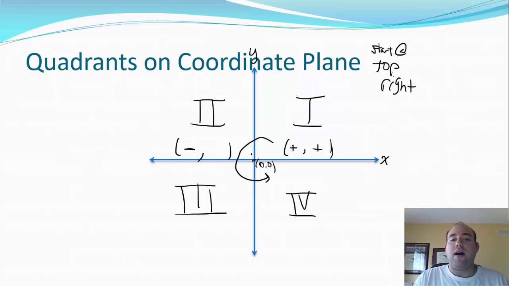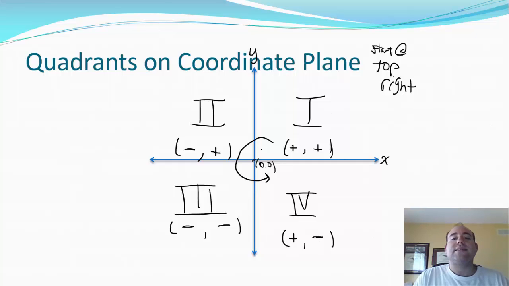Now, if we look at our second quadrant, here all the x coordinates are negative, but we're still above the origin on the y-axis, so the y coordinates are positive. All right, third quadrant, x is negative, but now so is y. So anytime you see a point where both coordinates are negative, it's got to be somewhere in the third quadrant. And then finally, the fourth quadrant, we have positive x's, but negative y's.